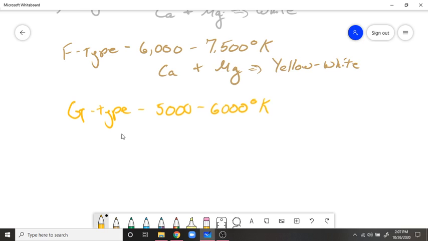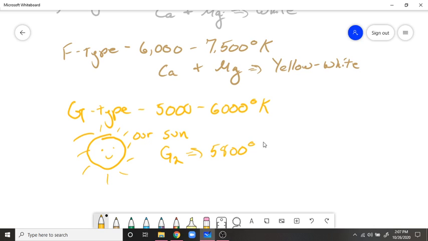And the reason why this is so important to you is that our sun is a G-type star. So here's our little sun saying hi. So our sun is actually classified as a G2 level star, and the temperature of our sun is 5,800 degrees Kelvin.